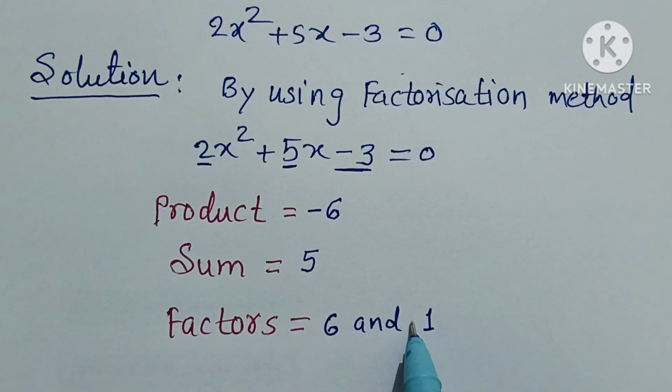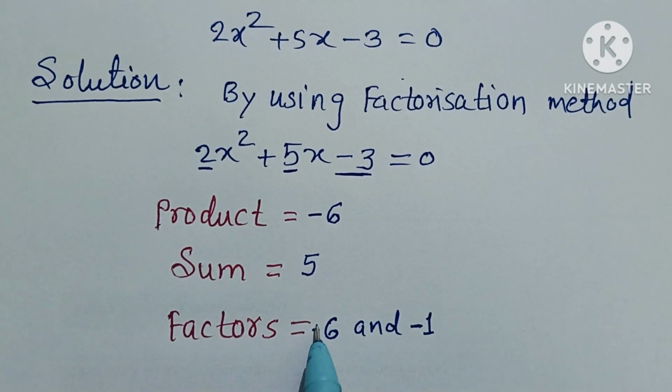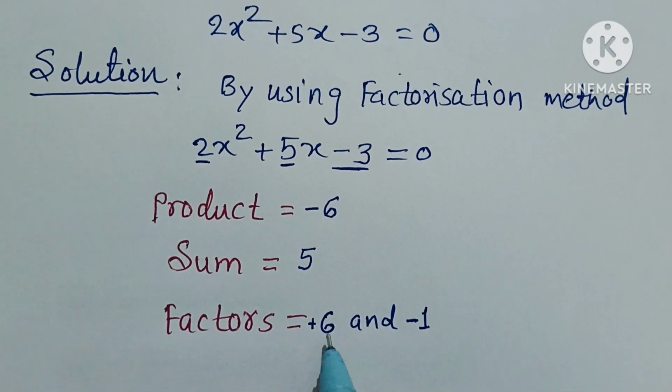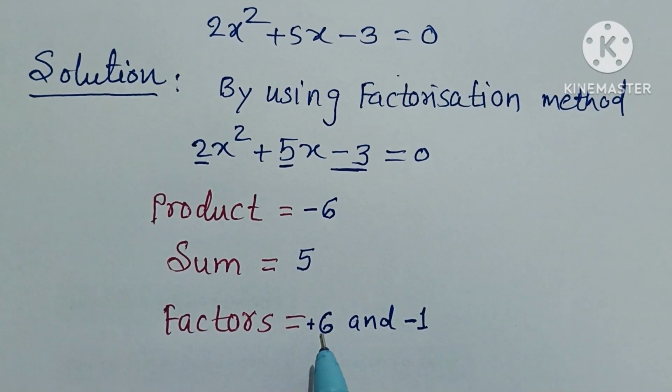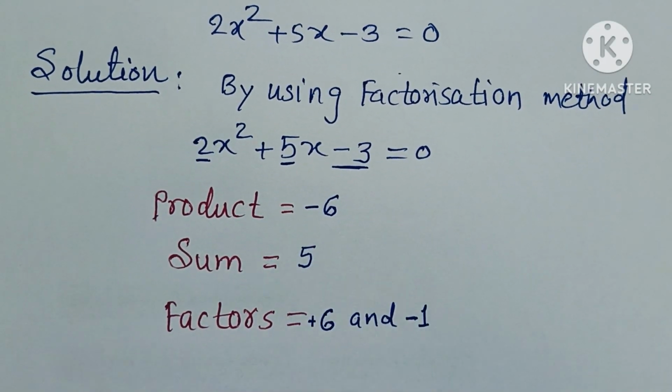So here 1 is minus and 6 is plus. 6 minus 1 is 5, so we get the sum. If we multiply plus 6 and minus 1, we get the product minus 6.